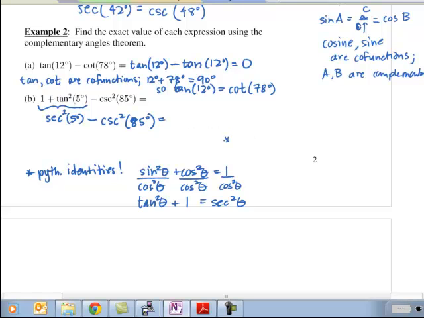So we know that the secant of 5 degrees is the same as the cosecant of 85 degrees because we've got cofunctions and complementary angles. So this is the same as secant of 5 degrees squared minus, we could replace that cosecant of 85 with secant of 5. And so we should get 0 for that one as well.